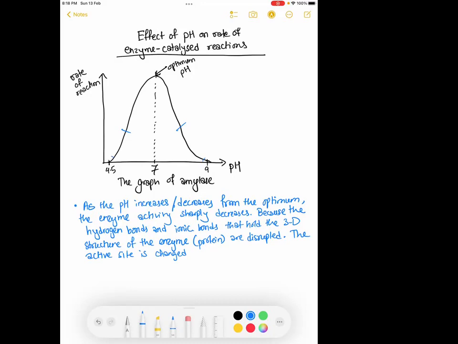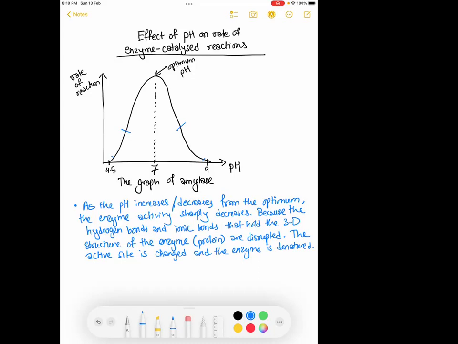So that's the explanation. At extreme pH levels, the enzyme is completely denatured and the rate of reaction is very low.